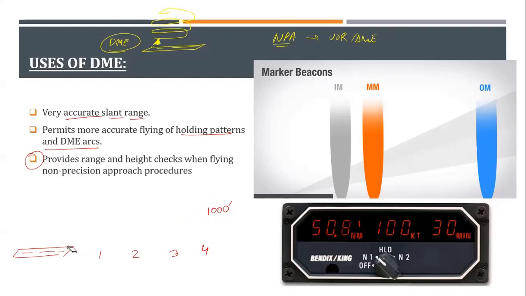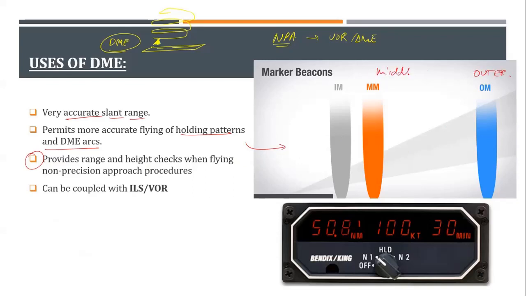Other than the NPA, remember there was the precision approach. In precision approach, we talk about ILS. On the right side, this is all about ILS. Remember outer, middle, and inner: there are 3 markers. We used to use NDBs, but we can also use DME. When we use DME, this is our ILS threshold.